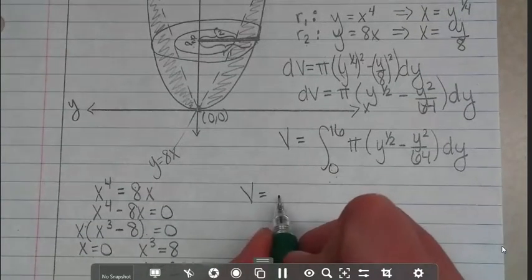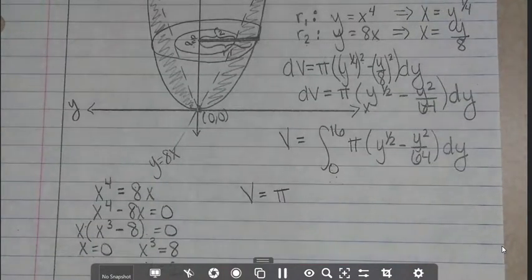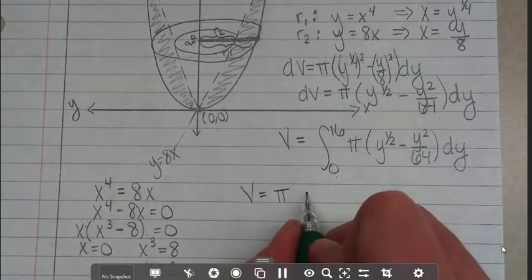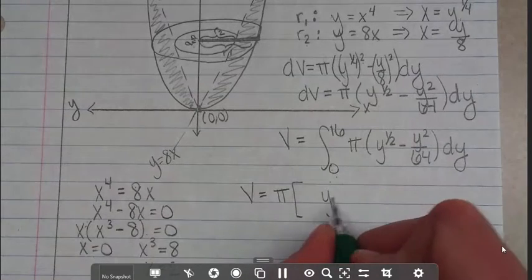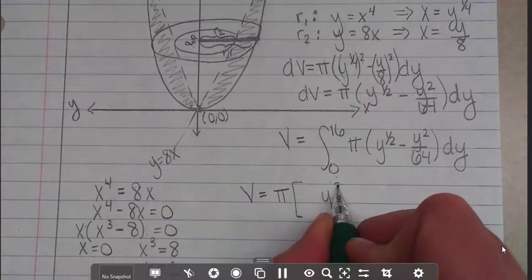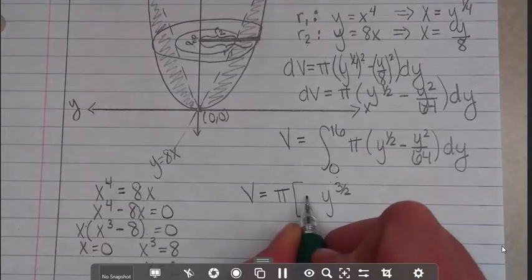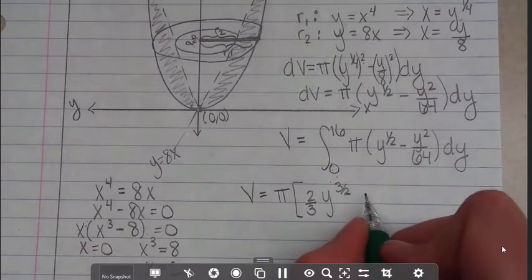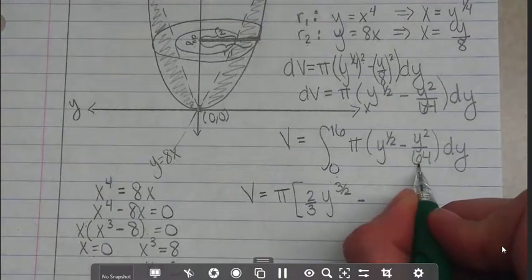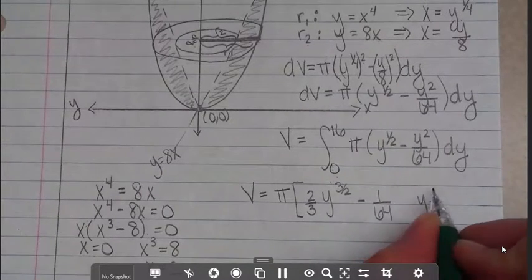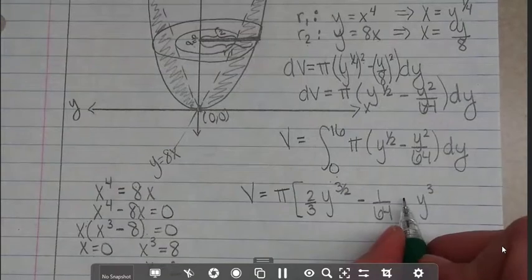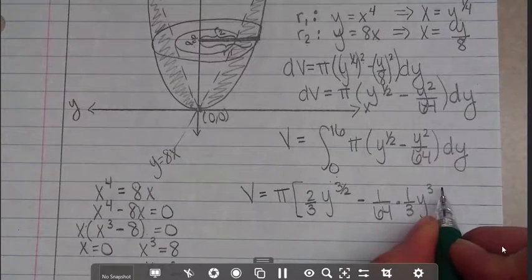Alright, so the pi I'm just going to leave out because that's a coefficient. Oh, and I better put brackets there. y to the 1/2 will become y to the 3/2, and I need to divide that out, so 2/3, minus, now this is also going to be a coefficient, right? 1 over 64. And I'm going to have y cubed, and I'd have to divide that out by multiplying by 1/3.